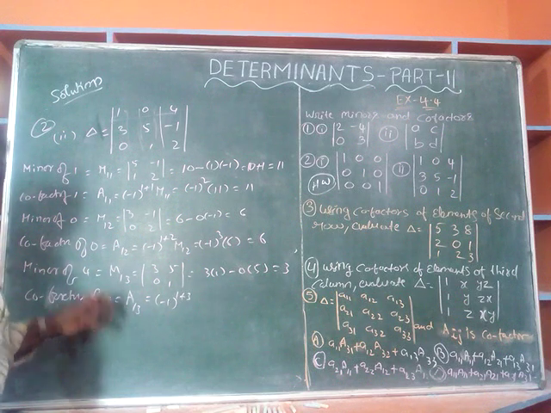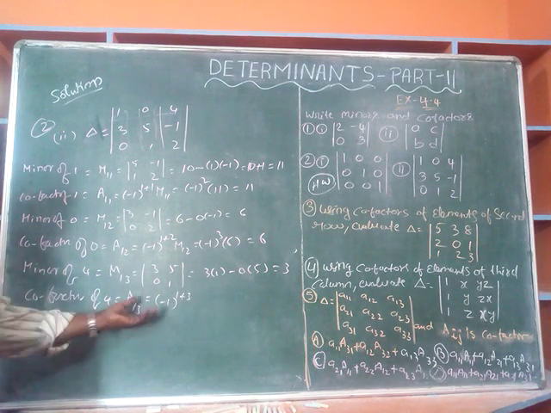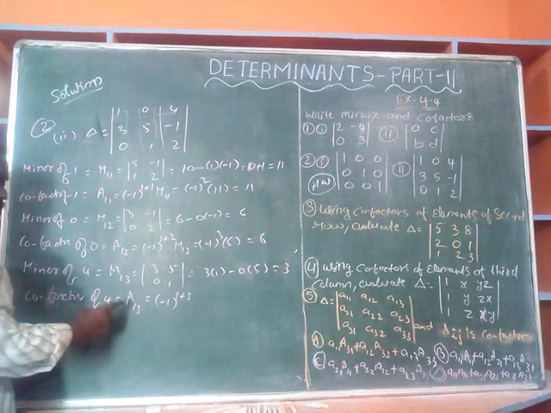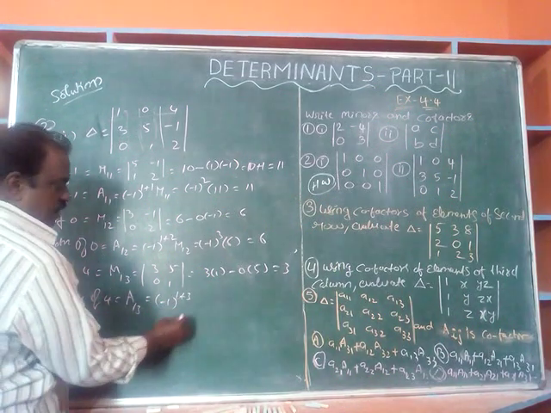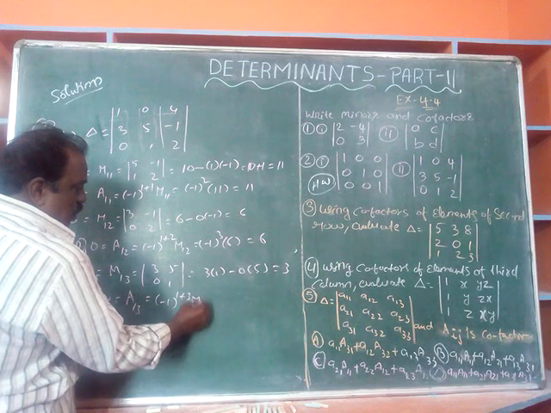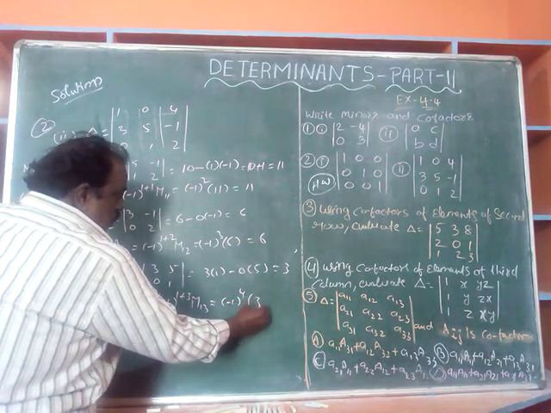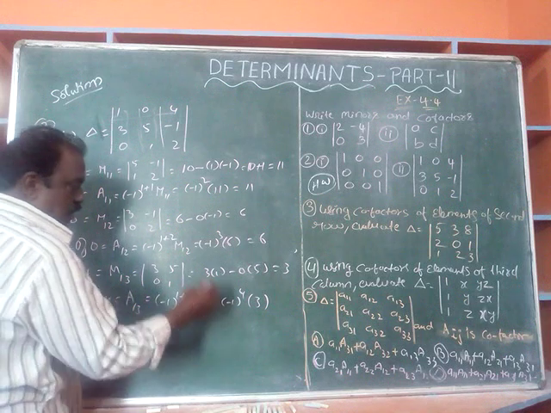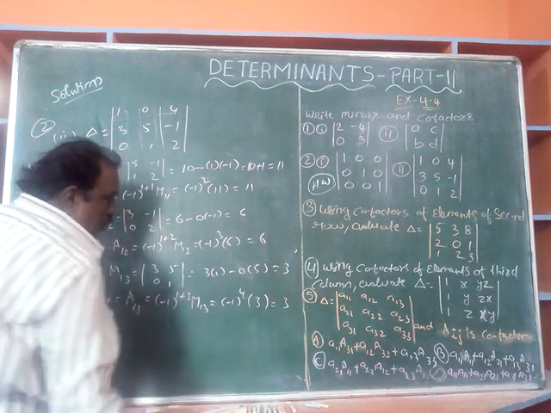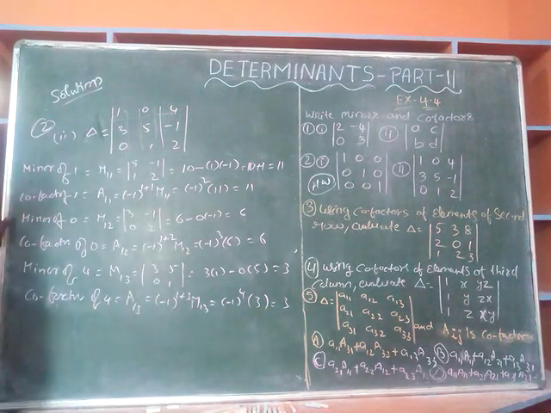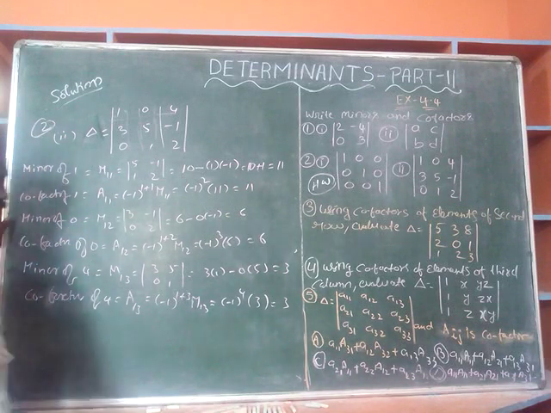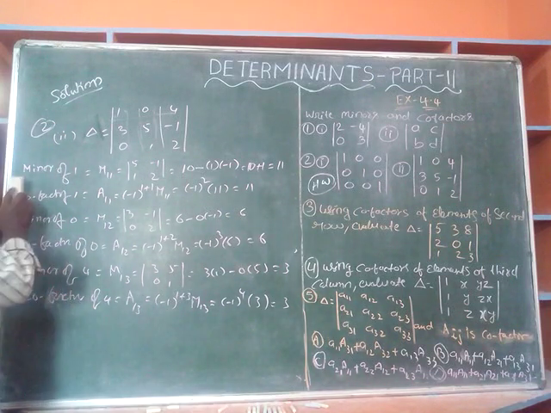Cofactor is also the same, but it is multiplied by (-1) power its position, 1 plus 3 here. It is (-1) power 4. M13 is 3. So it is 3. That is in the first row. Next.